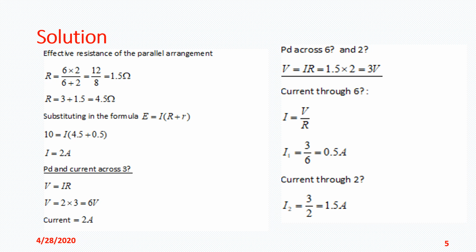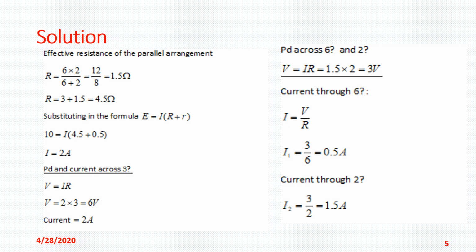And that is the same current that comes, the current is 2 amps, because that's the current which comes from the cell. And by the time it gets to the 3 ohm resistor, it has not yet split. There is no junction yet. The junction is immediately after the 3 ohm resistor. The PD across the 2 ohm and the 6 ohm resistor is the same, because those two resistors are arranged in parallel.